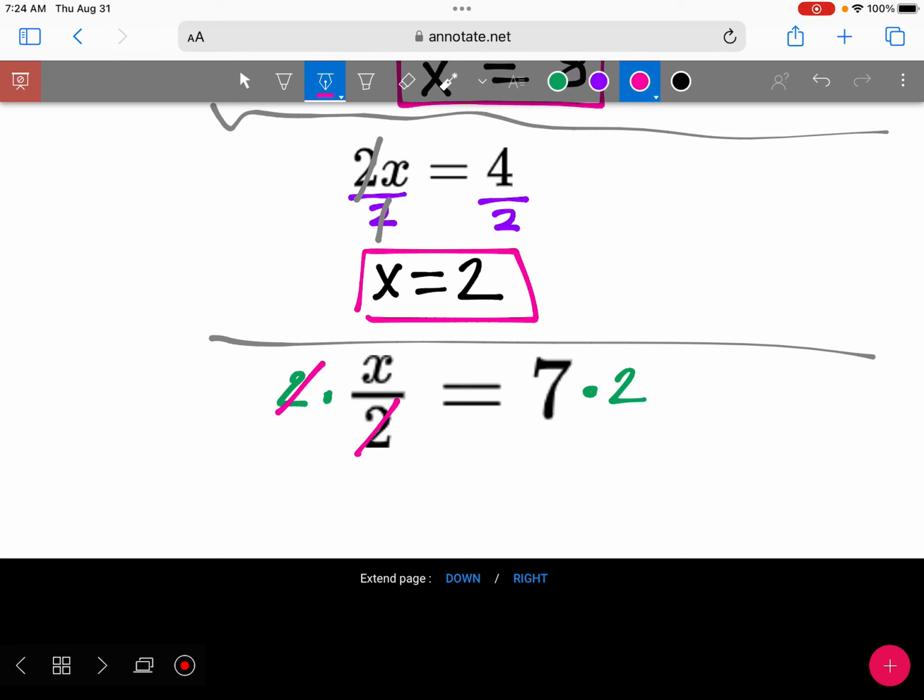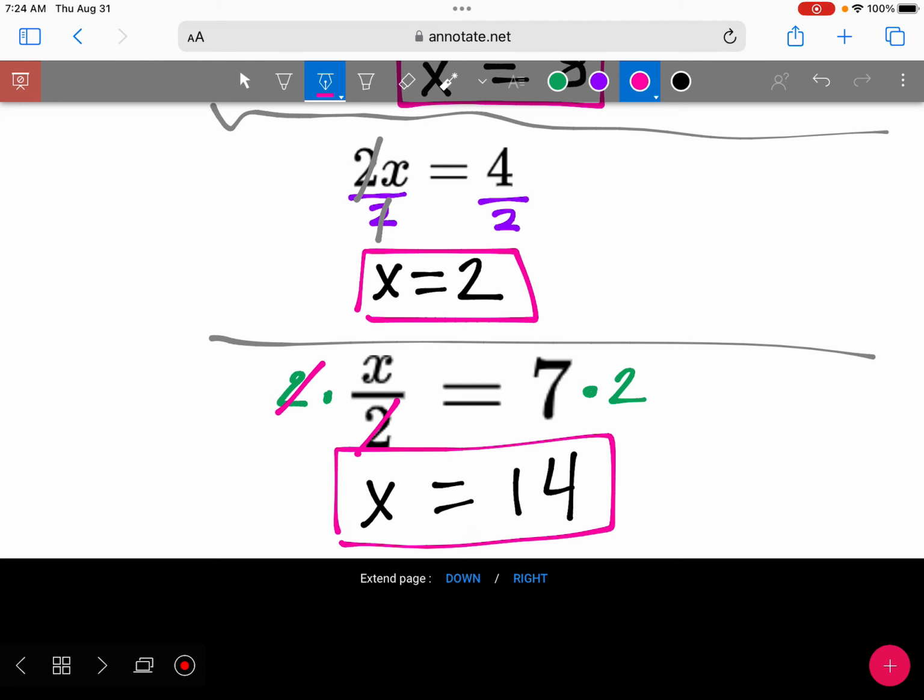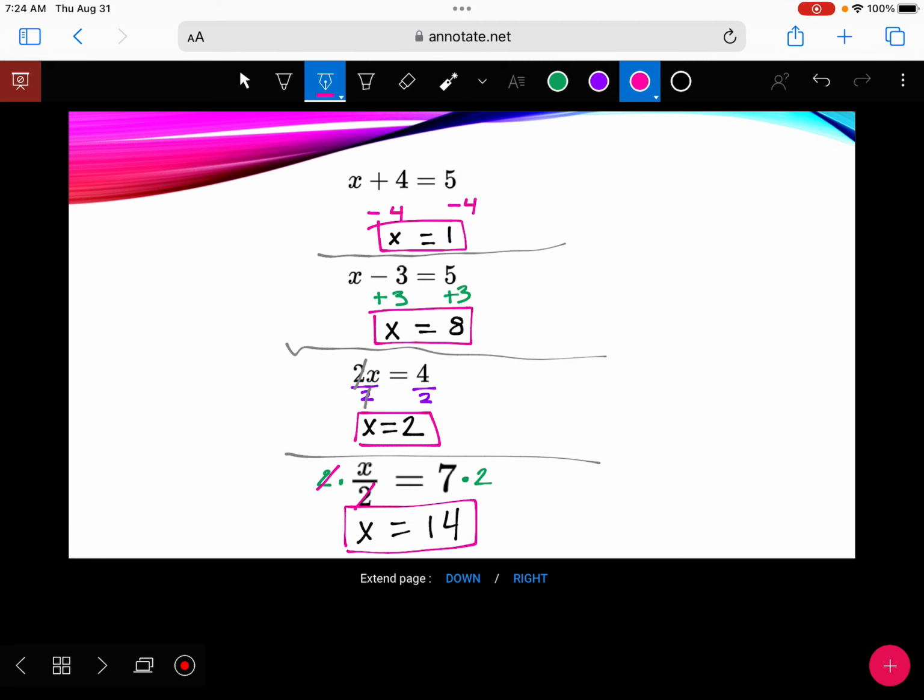This 2 and that 2 cancel out. If you multiply by what's in the denominator, the fractions will leave. So we're going to have x equals 14. They are going to get harder than this, just so that we're aware. But it was just reminding us of our operations that we have used a gazillion times, that we just need to remember.